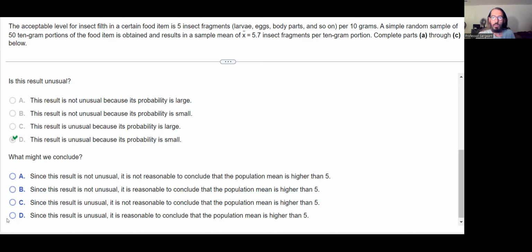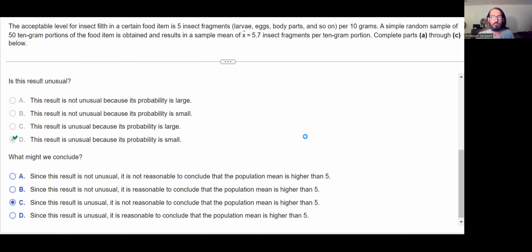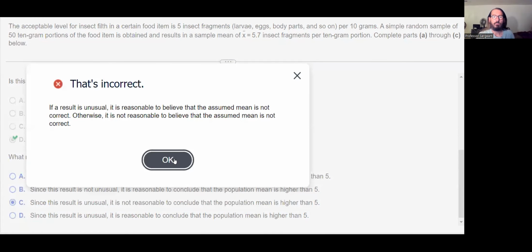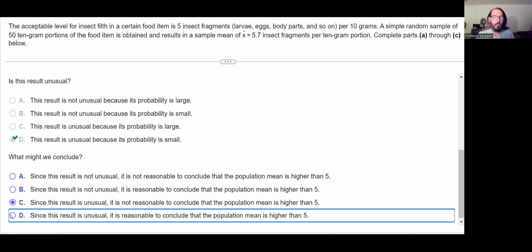And so it would not be reasonable to reject that claim that it was higher than 5. Oh, sorry. Okay. Because it is unusual, we got something so extreme that it makes me doubt that the mean of the population is really 5. Maybe it's higher. I don't know if it's actually the 5.7 that we get from the sample, but there seems to be some evidence that it is higher than 5.